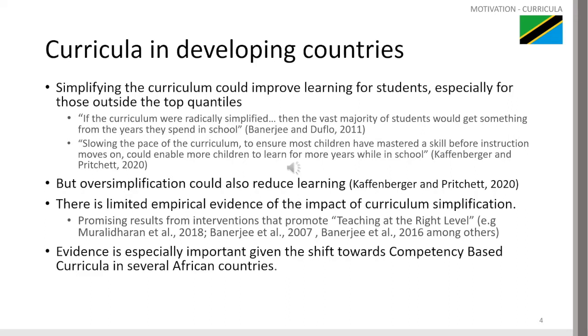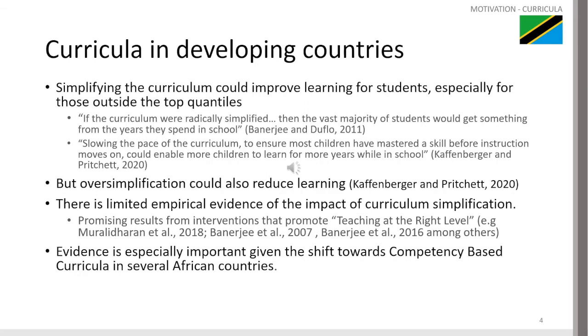Now, on the other hand, we could overcorrect and slow things down too much, which would reduce learning, because we're going way too slowly. And so it's a tricky balance that we have to try and achieve in terms of getting this just right. Now, there's limited evidence on the impacts of broad curriculum simplifications.